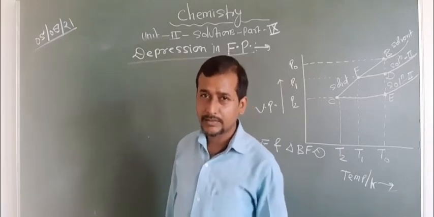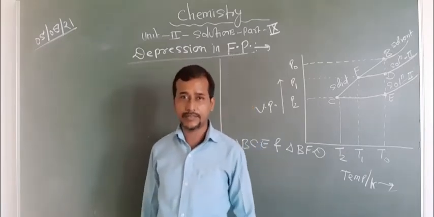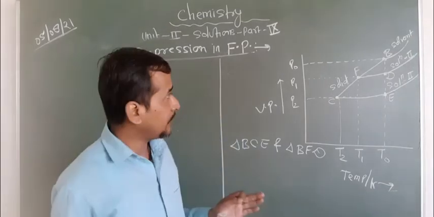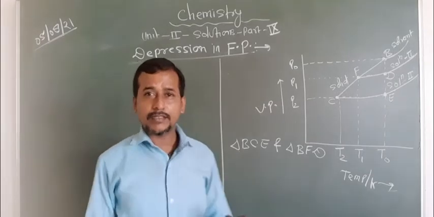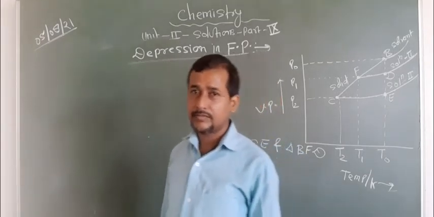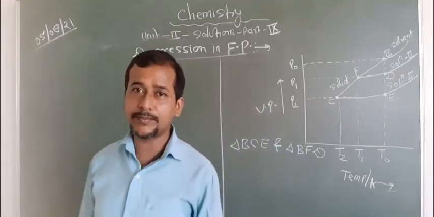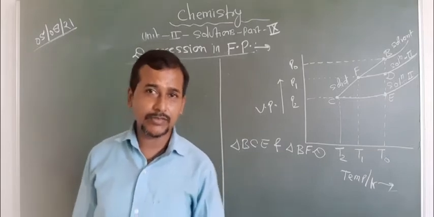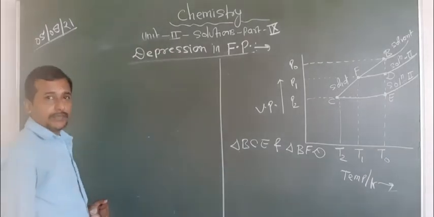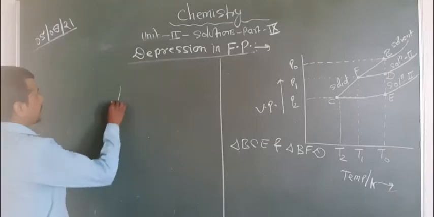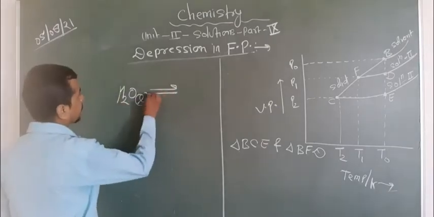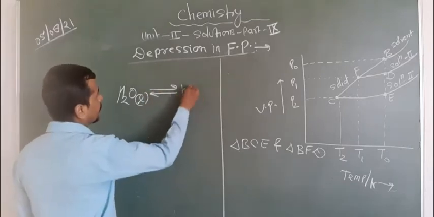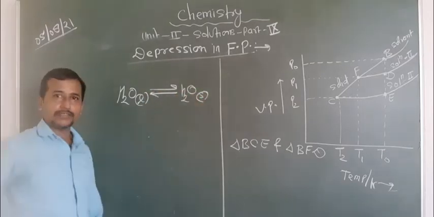So first of all you have to know the freezing point. As you know, the freezing point means the temperature at which the liquid and solid forms of a substance have the same vapor pressure. In that condition you can say that this is basically the freezing point. That means water in liquid form is in equilibrium with water in solid form.